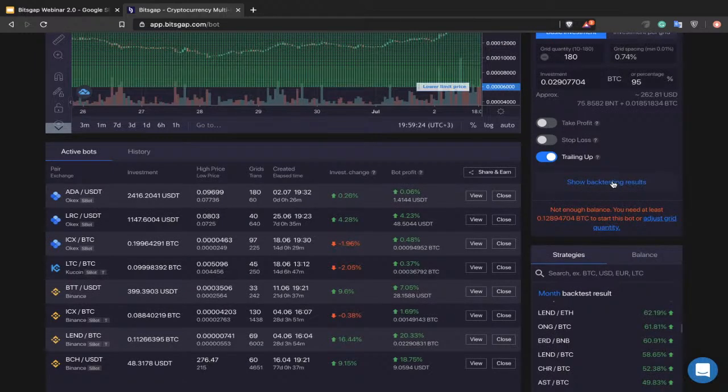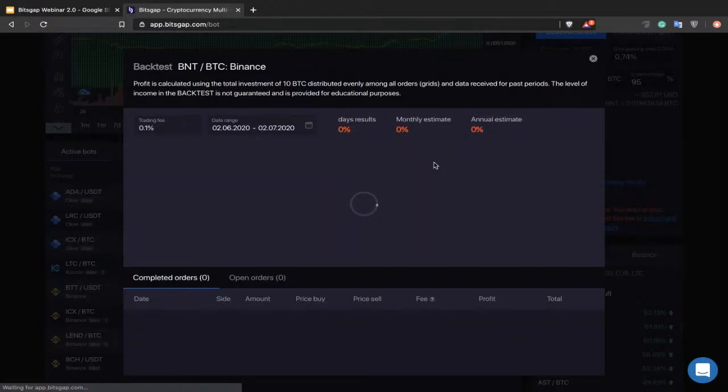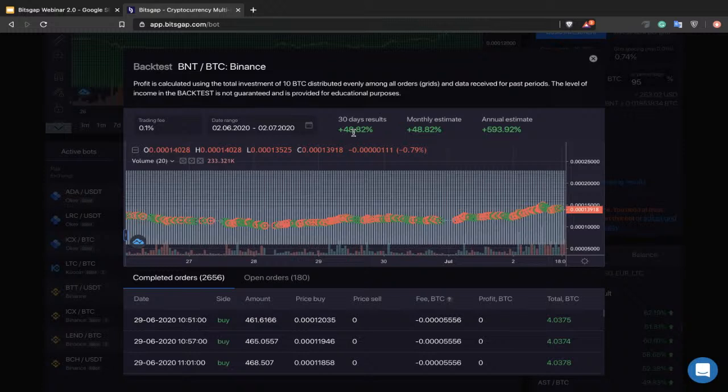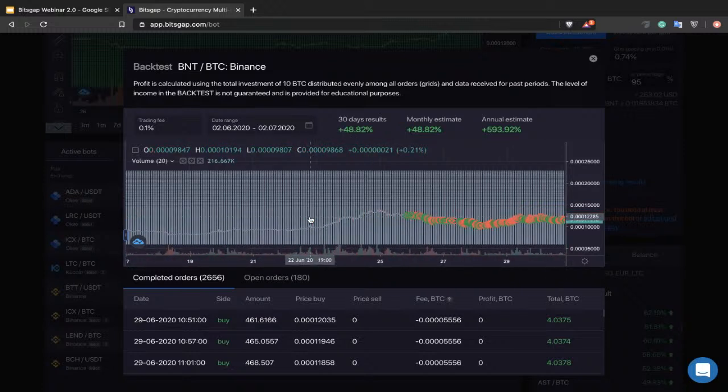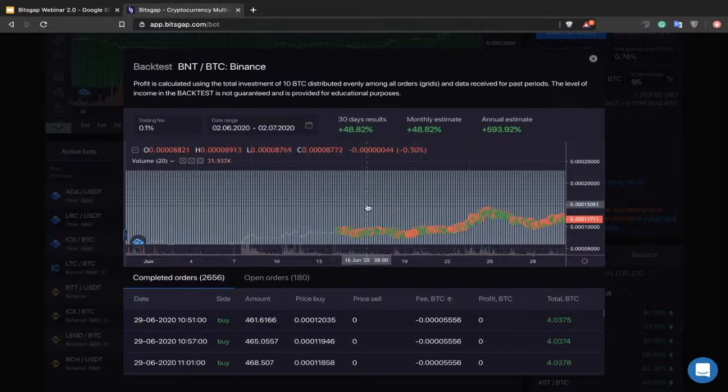We click on show backtesting results, same period, and you see the profit was plus 48%. So if you would initiate the bot back at that time, up to current price, sorry, up to today, you would be up by 48% in the bot profit. So the bot would accumulate this amount in BTC.